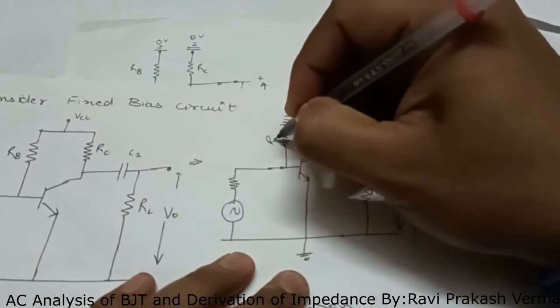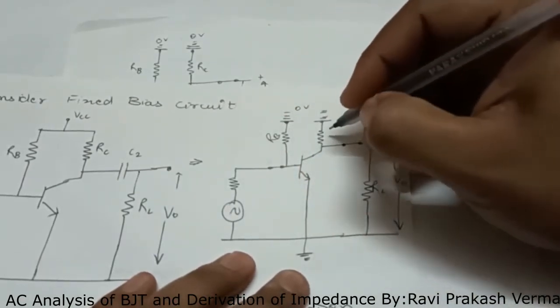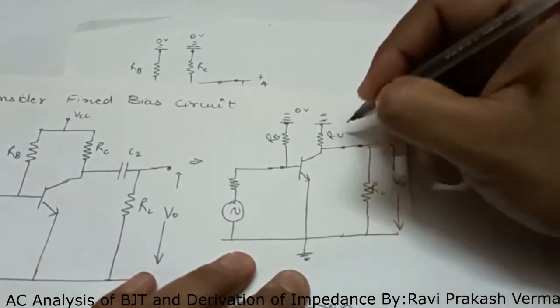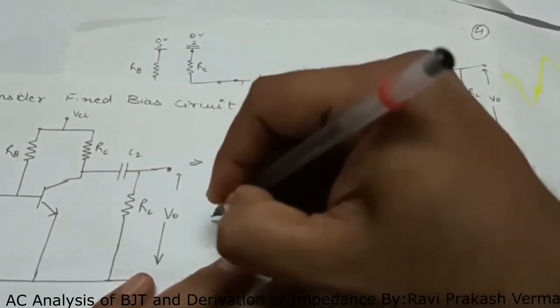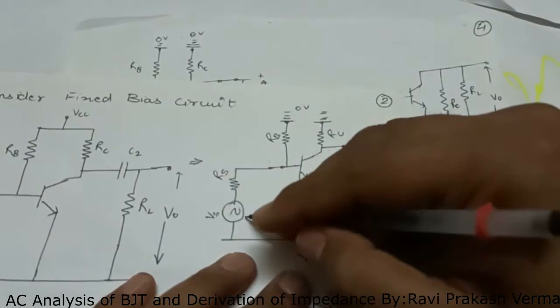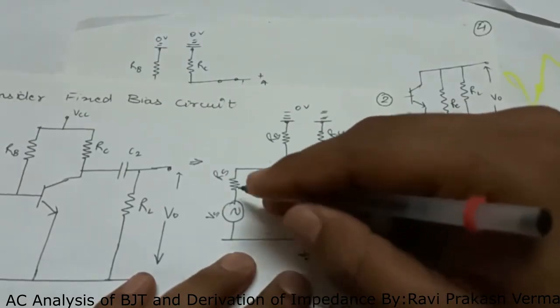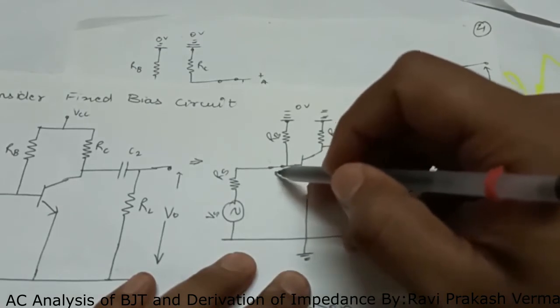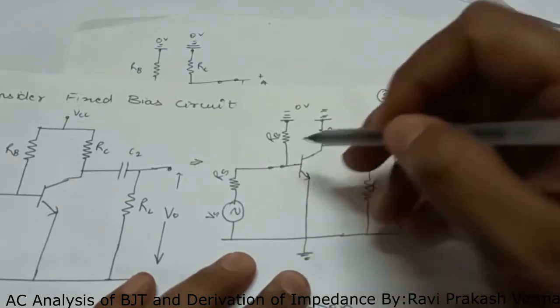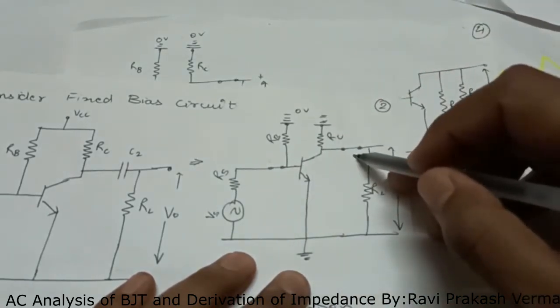This is base resistance, this is collector resistance, this is your source resistance, and this is Vs. Vs is basically the input signal. And this capacitor C1 will be short circuited for the AC analysis, and this capacitor C2 will also be short circuited for the AC analysis.